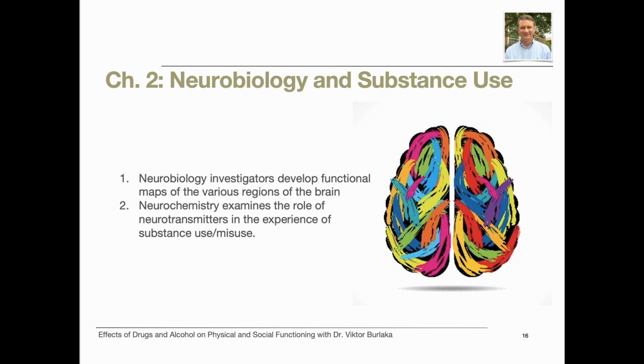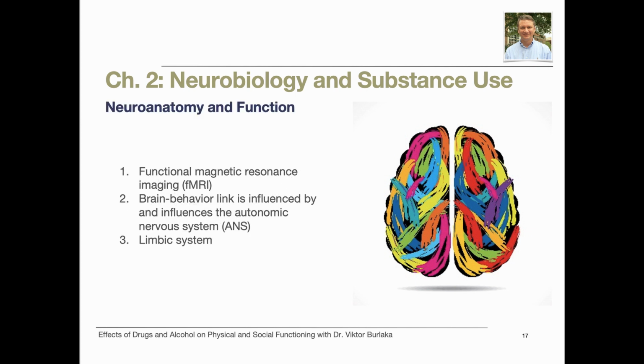There are certain brain regions identified as having a significant role in the development of substance use disorder. Also, learning about the neurochemical actions of specific substances helps us understand the actions of different substances on the brain behavior link. We will look at neurotransmitters and their role in the experience of substance use and misuse.